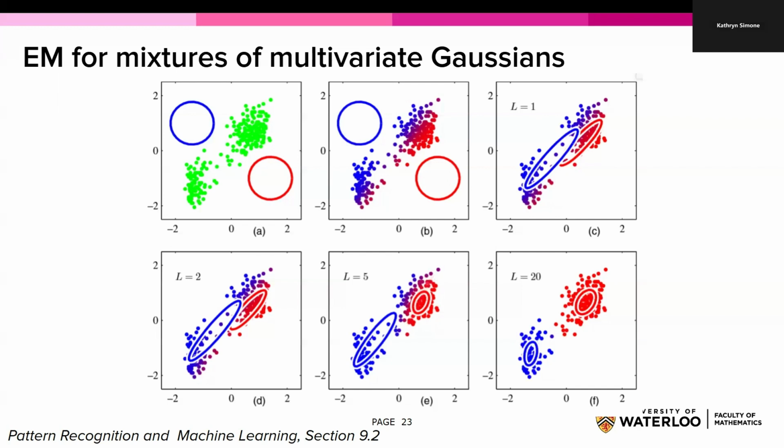So we can see that the two features actually strongly covary. So this is not going to be a diagonal matrix anymore. And then after 20 iterations, we seem to have stabilized a little bit.